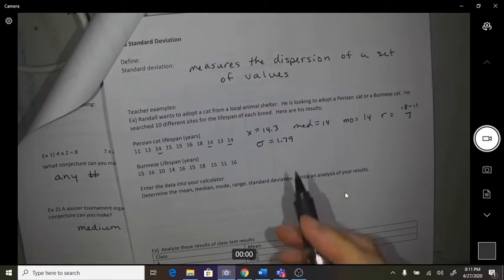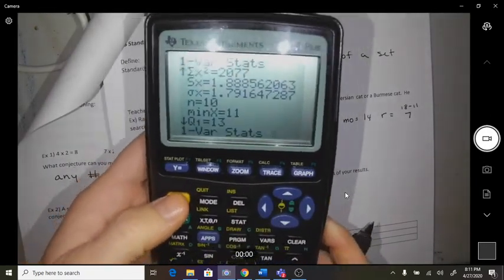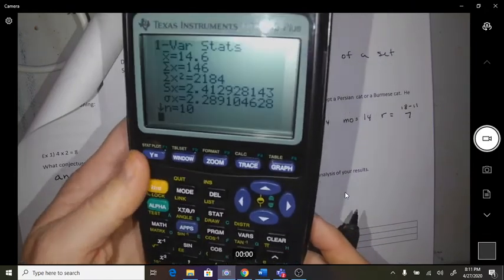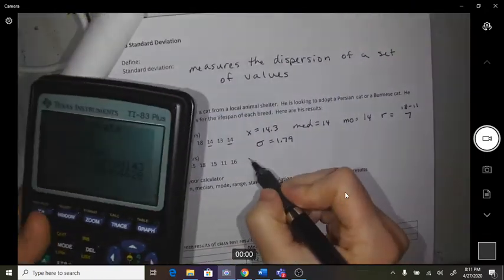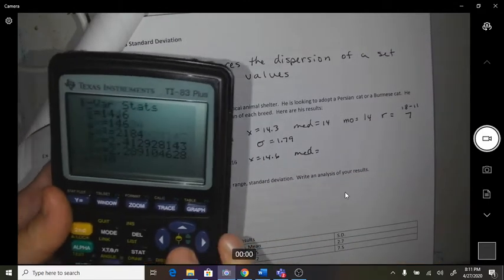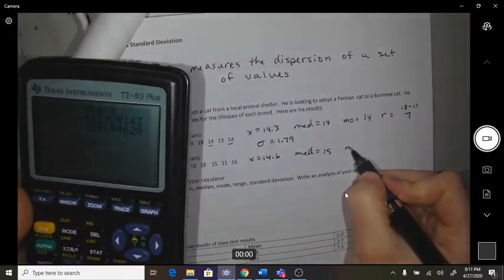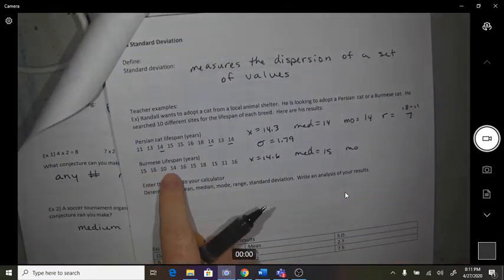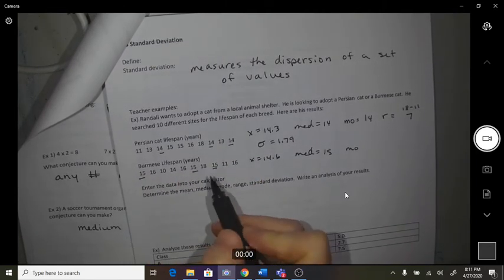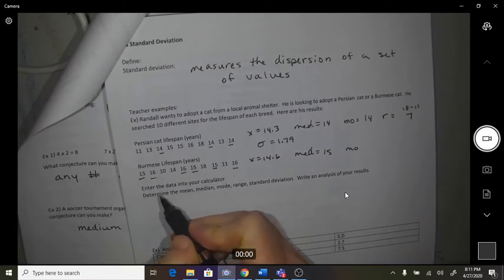Okay, and now we're going to do stat, calculate, one variable statistics of L2 this time. So here we have a mean of 14.6, median is 15, mode we have to look, 15, 16 appears 3 times as well.